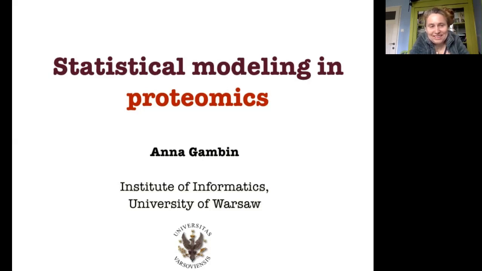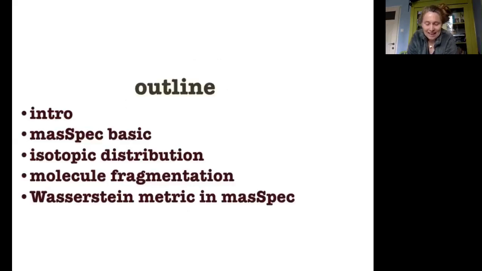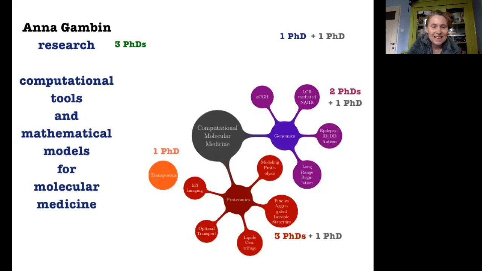But what is the most important for me, and it gives a great pleasure, is to work with real data and at least try to solve real life problems. So I will try at the beginning to introduce some basic concepts in mass spectrometry, and then I will touch on the three problems, and at the end some open questions and open projects.